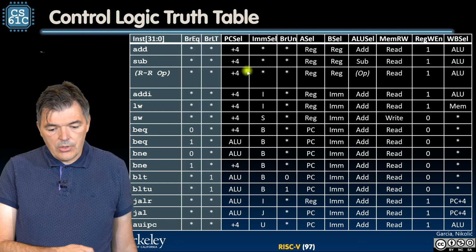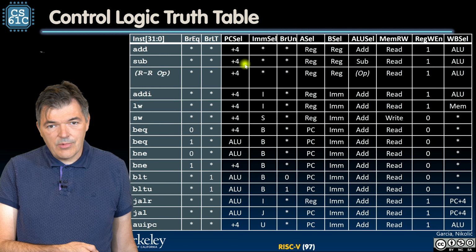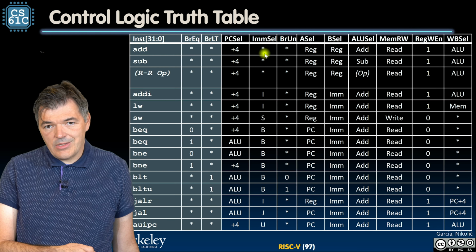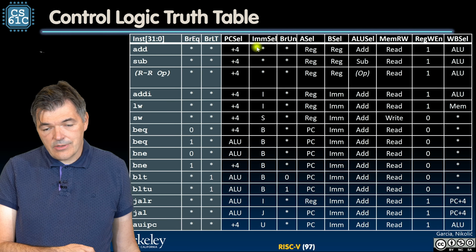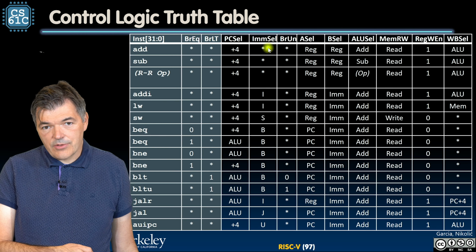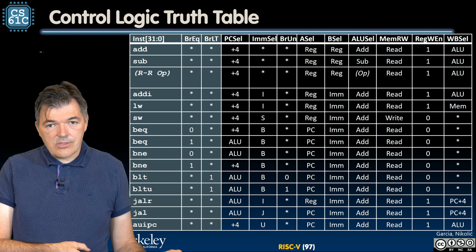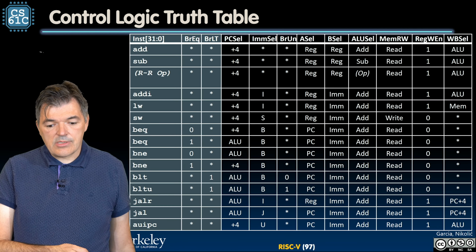So we know that PC select is supposed to be pointing to the input that will take the next instruction, PC+4. Immediate select is don't care, or actually this is a 3-bit value, so it can be anything, 0, 0, 0, 0, 0, 1, 0, 1, 0, and so on, and it doesn't matter to us.